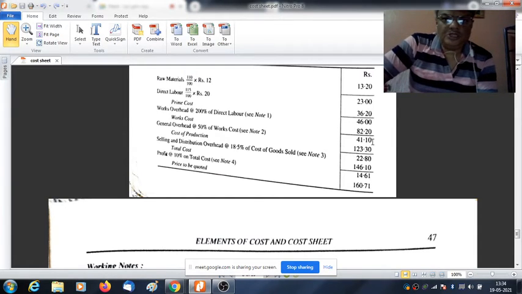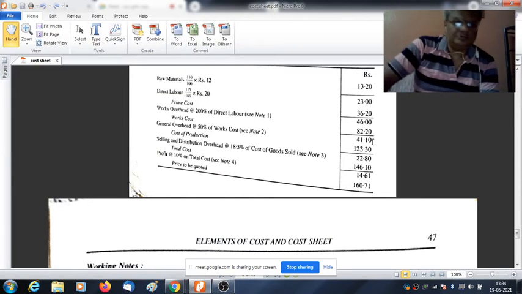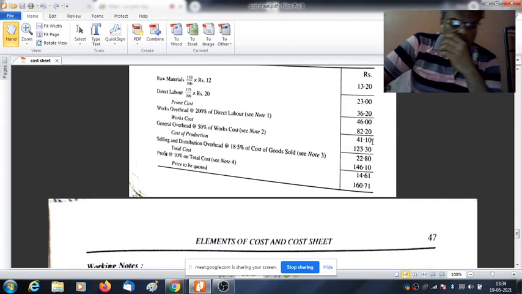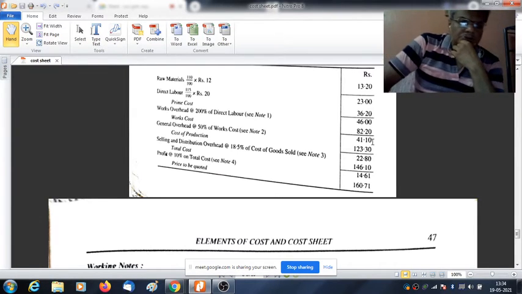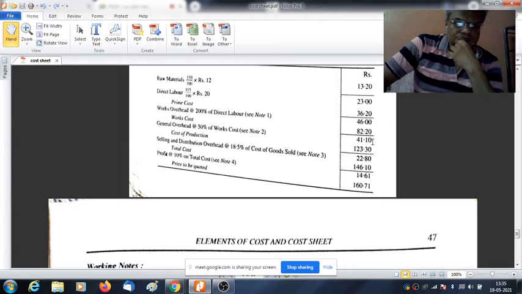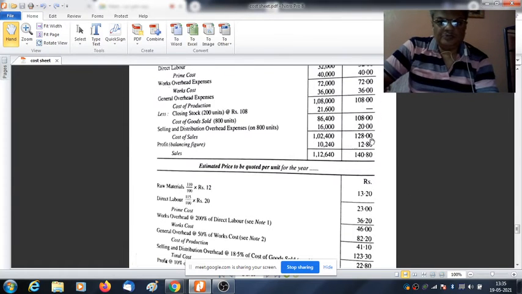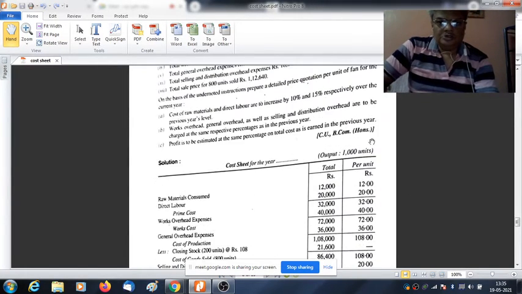So this is all about your estimated cost sheet. Any question? Feel free to ask me, because after completing this costing part, today I will give you the basic concept of financial accounting. Basically, you see the problem. This is the problem.